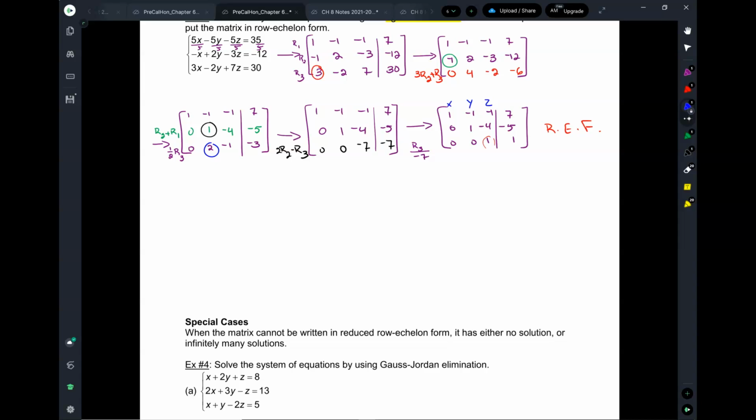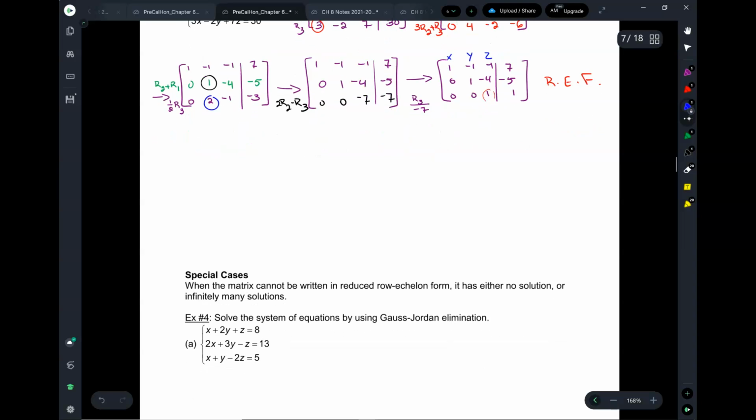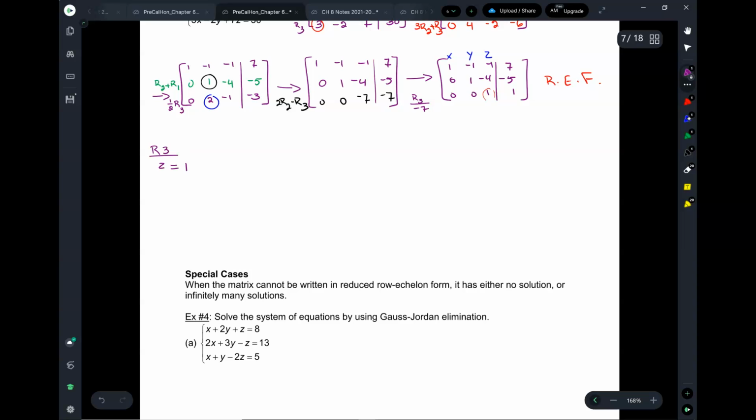Second row, 0x plus 1y minus 4z equals negative 5. Third row, 1z equals 1. So that's what we're going to take. From row 3, we have z is equal to 1.